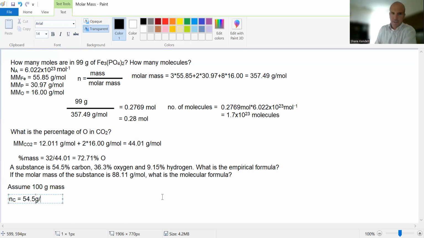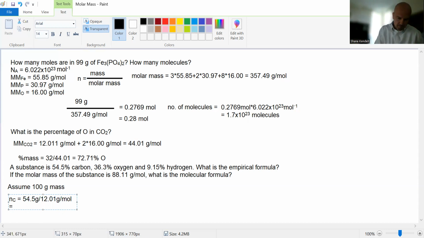And you can see in the question, the total molar mass is 88.11. We don't need that part yet. We're just working out the empirical formula. So we're not going to divide by the total molar mass, but we're going to divide by the molar mass of carbon itself. Okay. So this is going to be for our number of moles of carbon.